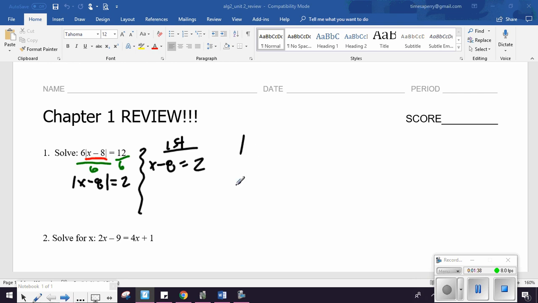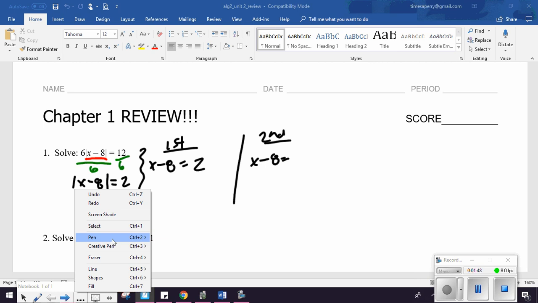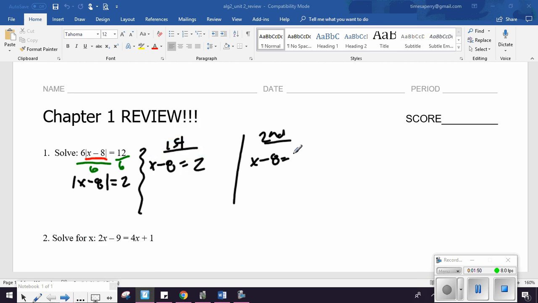And then the second case is x minus 8 equals negative 2. So remember, it's always remove the material from the box and then equal it to the original outcome. The second case is always remove the information from the box and equal it to the opposite outcome.